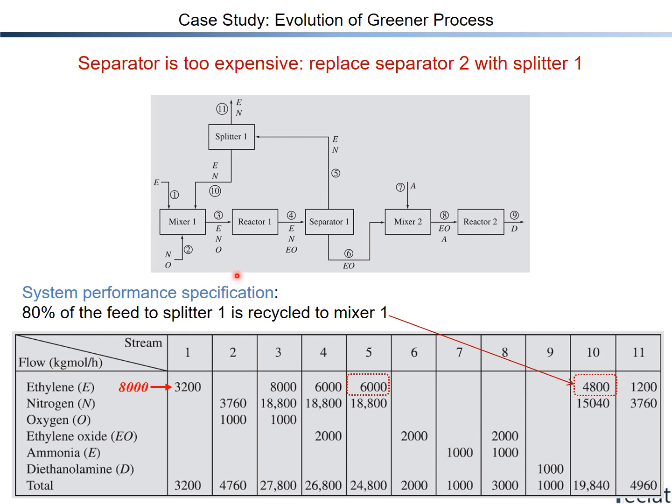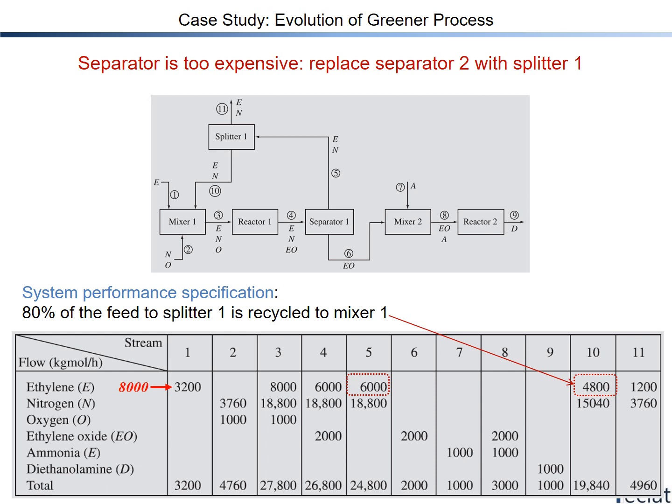Then you could also calculate the system variables, very similar to the previous example. Let me check the amount of ethylene fed to the process. In the original setup, we used 8,000 kilogram mole per hour. But right now, after we have used the recycler, we successfully reduced the amount of ethylene gas to 3,200 kilogram mole per hour.